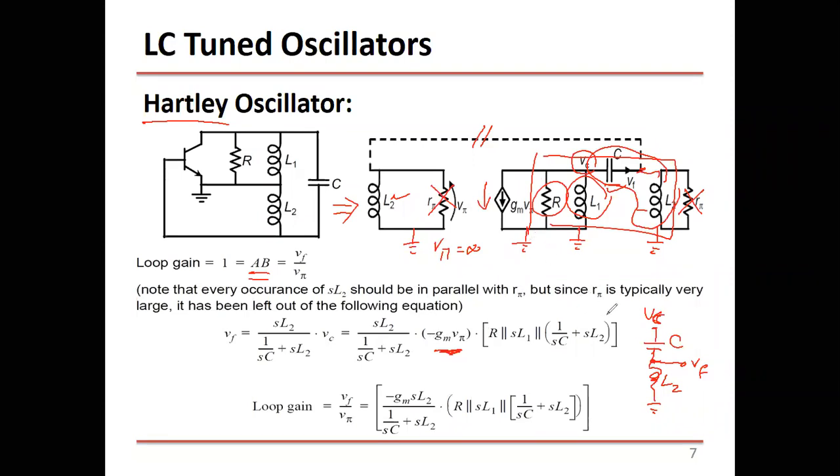And this is the total impedance. It's R parallel to sL, parallel to this impedance plus this impedance, which is 1 over sC plus sL2. Okay, so this is the loop gain. Is this equation clear now, how we get to this equation of the loop gain?